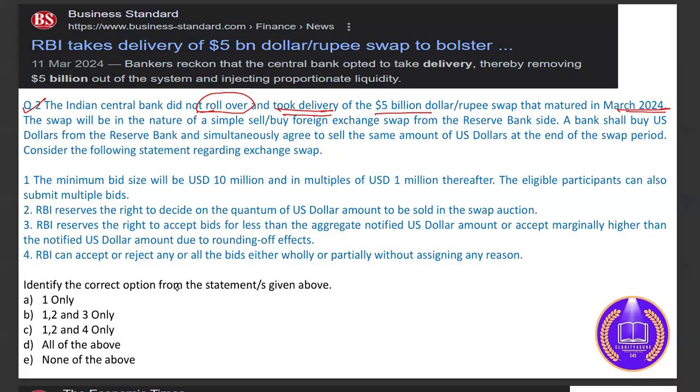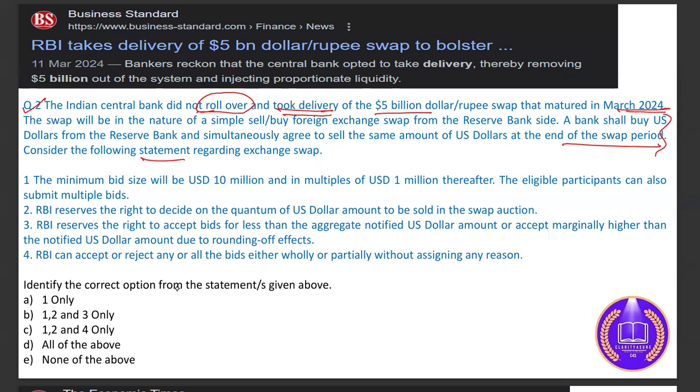The swap will be in the nature of a simple sell and buy foreign exchange swap for the RBI. A bank shall buy US dollar from the RBI and simultaneously agree to sell the same amount of US dollar at the end of the swap period. Okay, this is the definition of the rupee dollar swap.